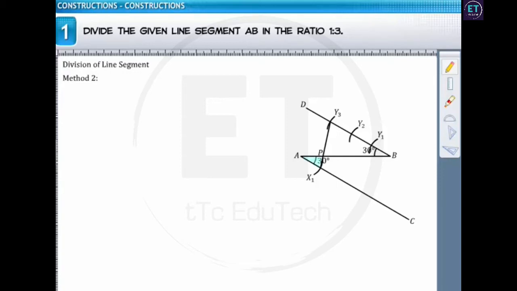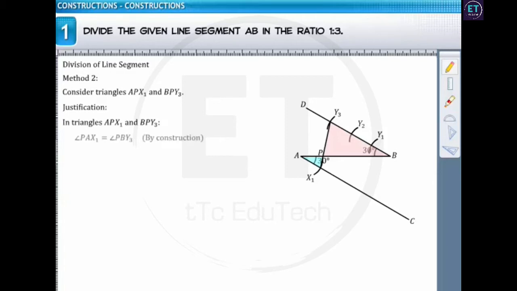Consider triangles APX1 and BPY3. In triangles APX1 and BPY3, angle PAX1 is equal to angle PBY3 by construction, since we made both the angles equal to 30 degrees.